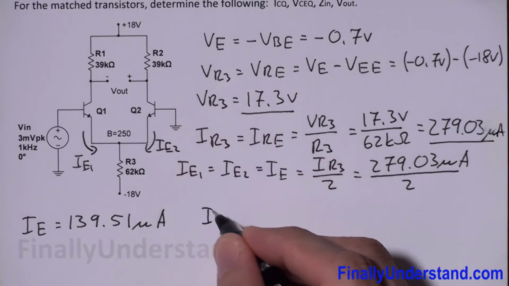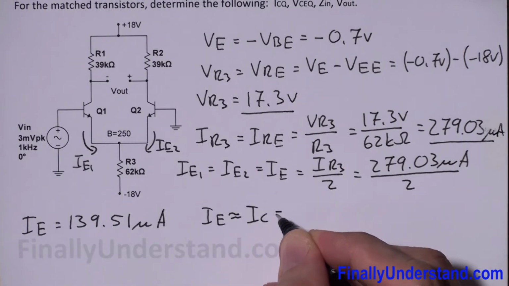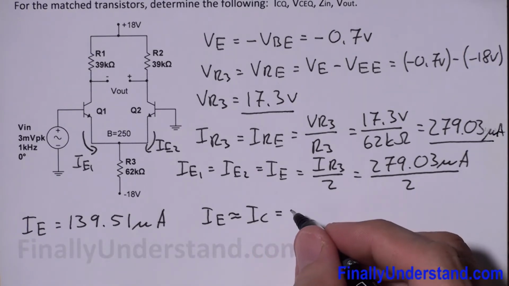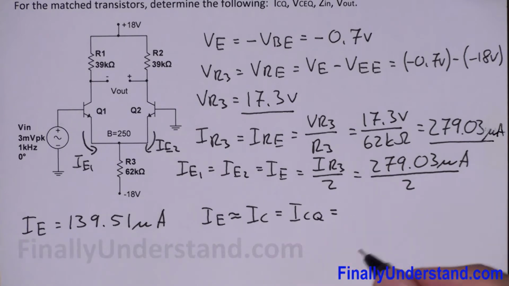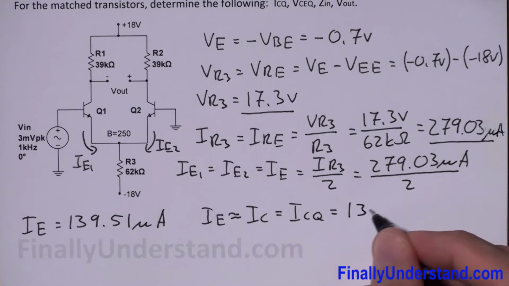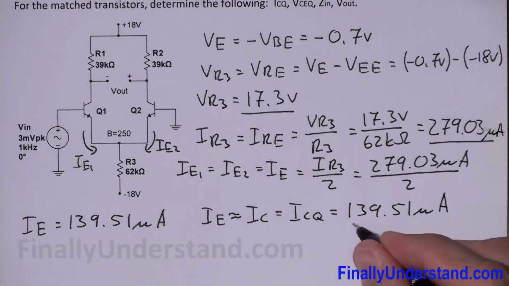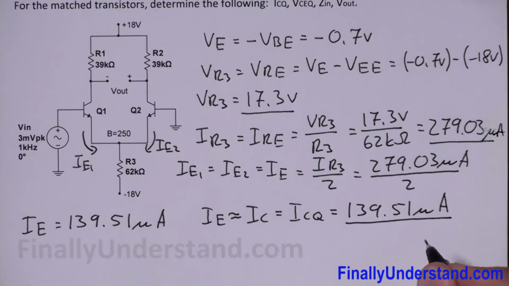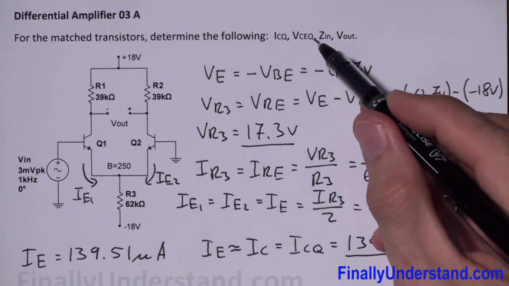That's why I'm going to write that IE is approximately equal to IC, and this is equal to ICQ. This is equal to 139.51 microamps. Next, I'm supposed to find VCEQ.